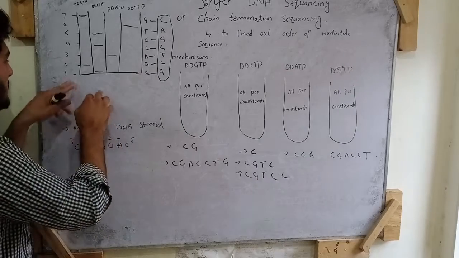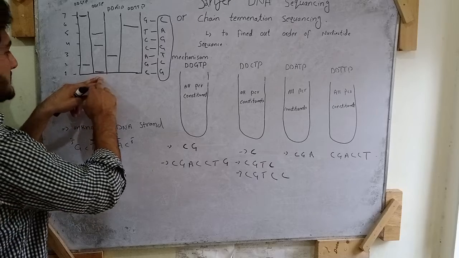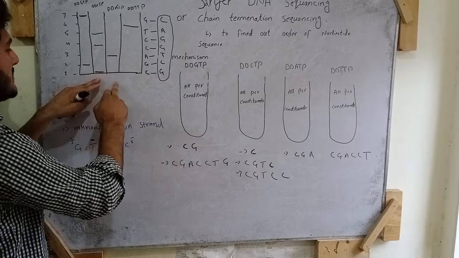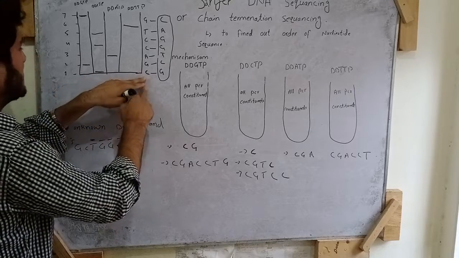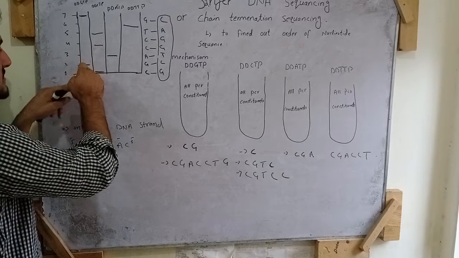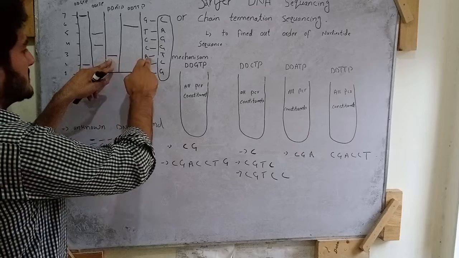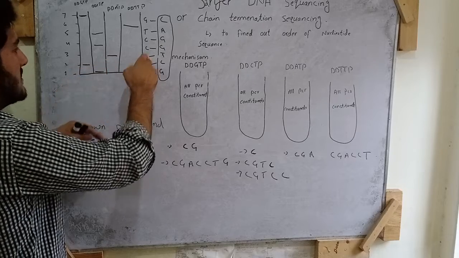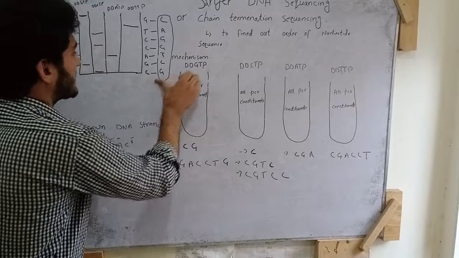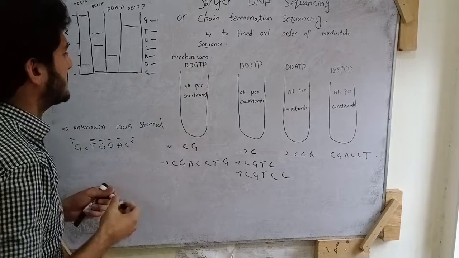So in the first, the fragment is ddCTP. Here we write C, and the other is G, which is present at position 2. Then we write the third, which is basically A, and so on. Here we take the complement of this sequence.